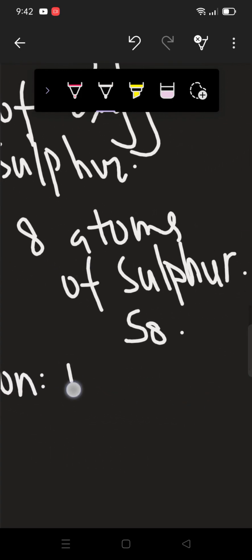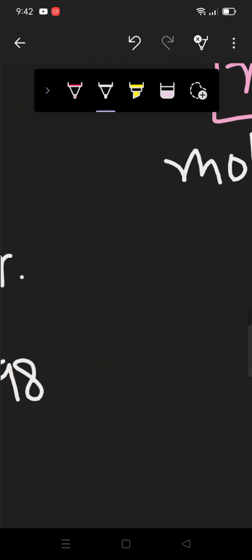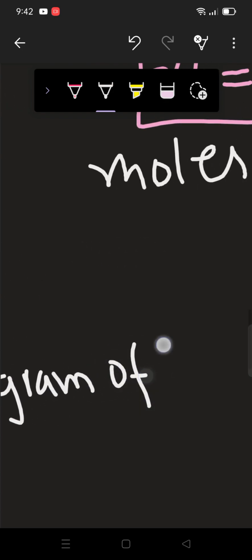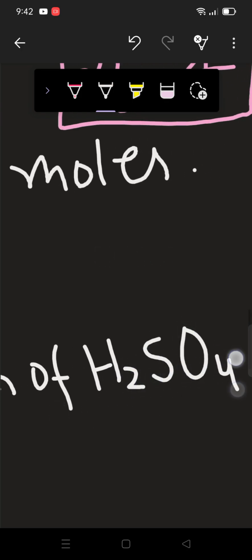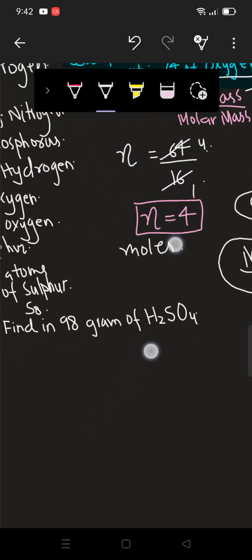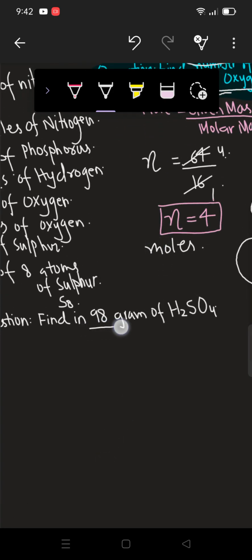Find in 98 gram of H2SO4. H2SO4 is basically sulfuric acid, right? So H2SO4 is sulfuric acid, and they have given us the given mass. We need to find the following.